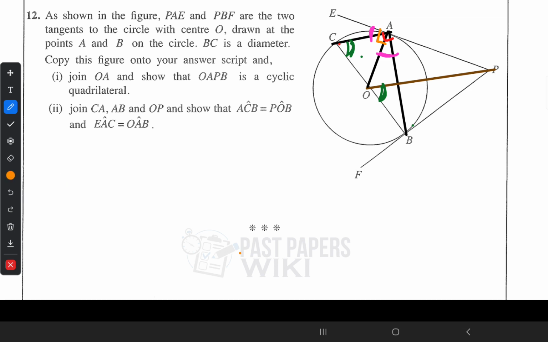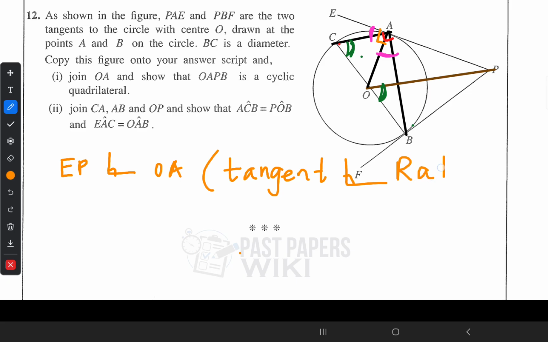I'll repeat again. Tangent and this one are perpendicular. That means EP is perpendicular to OA, because the tangent is perpendicular to the radius. Then that means 90 degrees.